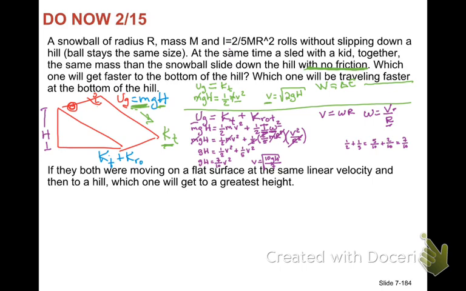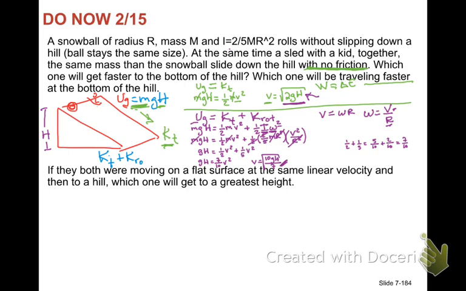Now think about it. Which object is going the fastest at the bottom of the hill? This one is 2gh. This one is 10/7 gh. Think about it, 10/7 is about 1.4, so definitely 2gh will be a greater number.